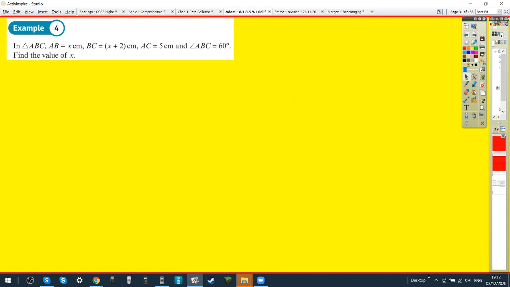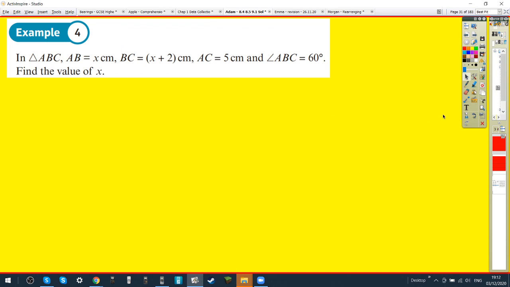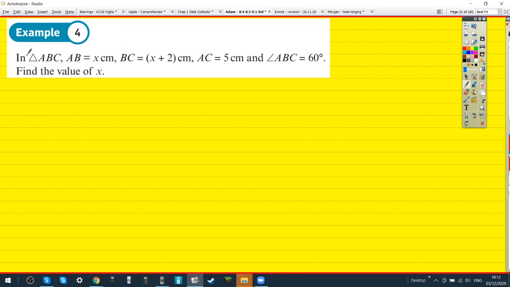Okay. How about this one? So does that triangle symbol mean triangle ABC? Yeah, that's short for triangle in triangle ABC.